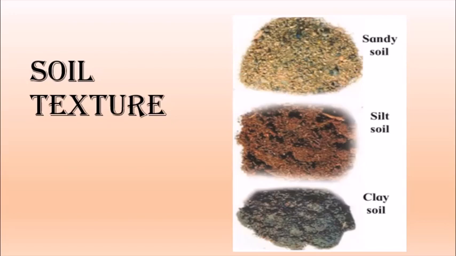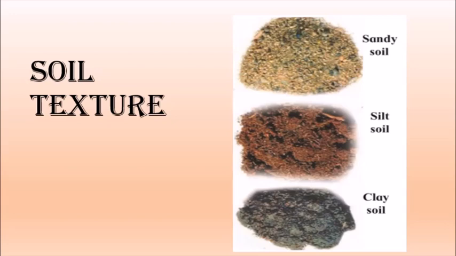Next type of soil is the silt soil. In this, the proportion of the particles is medium in size. As in sandy soil there were large particles, but here the particles are medium. Also, it is easy to plow this soil because of the particles in it.